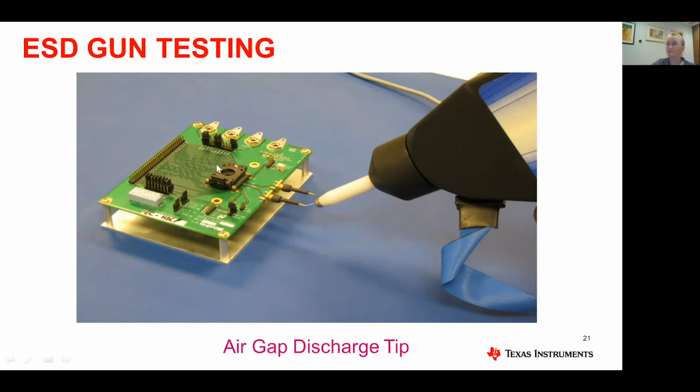Based on the previous example of the communications chip inside the vehicle, there's a little evaluation board built up. This is just for demonstration, but the IC is placed in here and hooked up to a controller, and we bring the discharge gun. You can see the little zap from the discharge gun. This will test the IC in this environment before it gets built into the ECU or whatever. So this is an example of how the testing goes from system down to subsystem down to IC level.